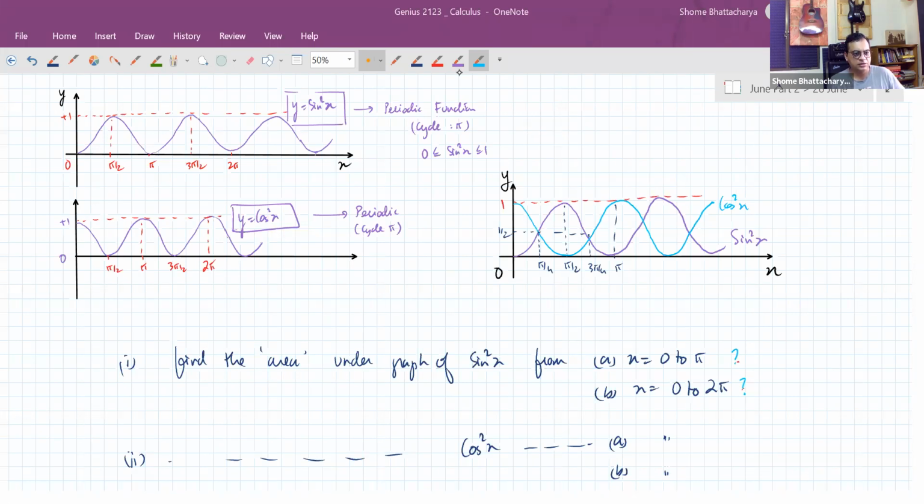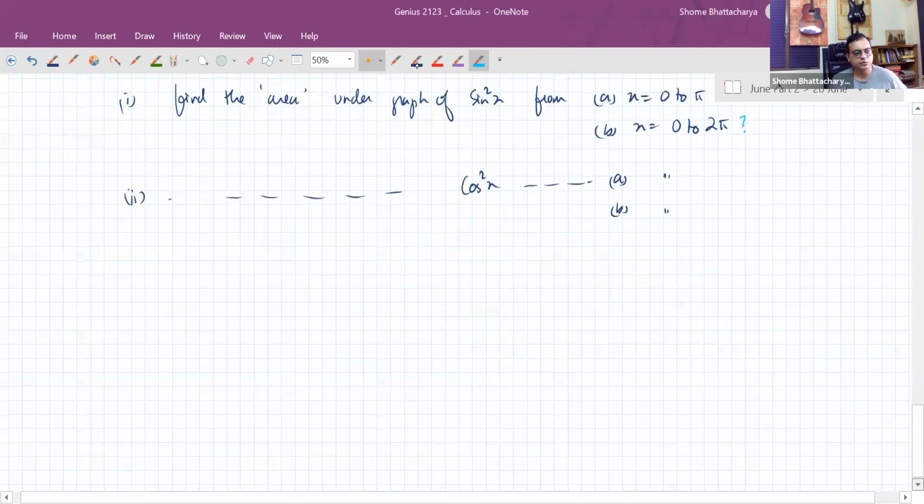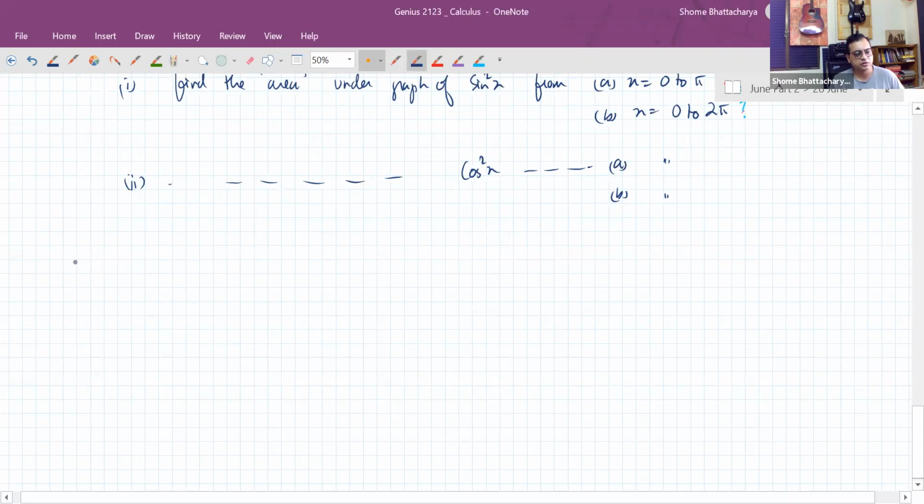Yeah, people have not got the answers for this yet. So the area under the curves comes from integration with the limits.